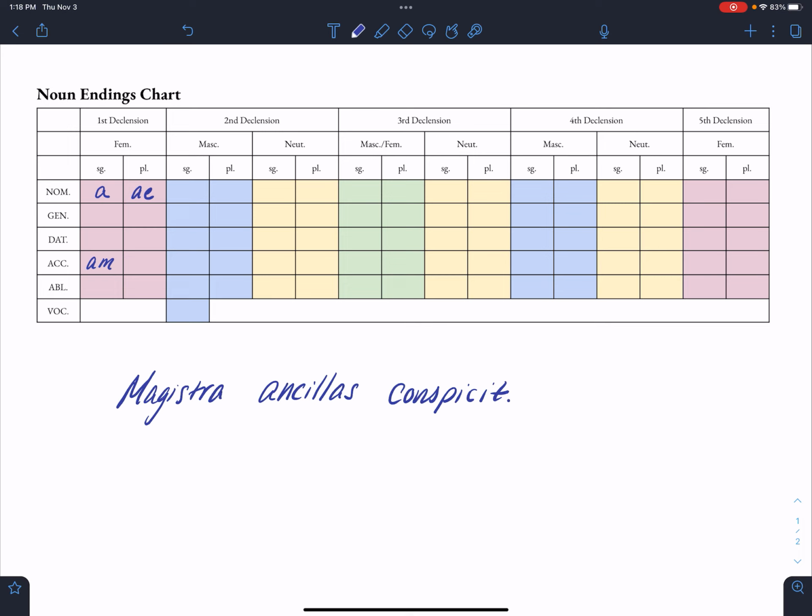All right. So magistra ancillas conspicit. Now, what's my verb? Everybody. Conspicit. Okay. What's my subject? My singular subject. Magistra. Yeah, teacher. Now, ancillas. We already have our subject. What is ancillas going to be? Subject or direct object?